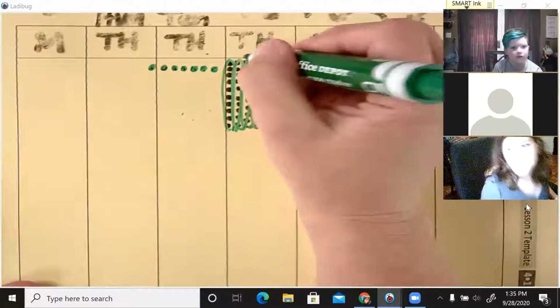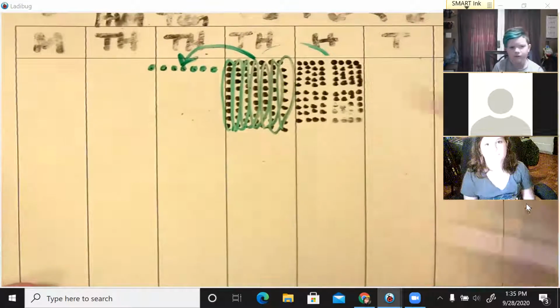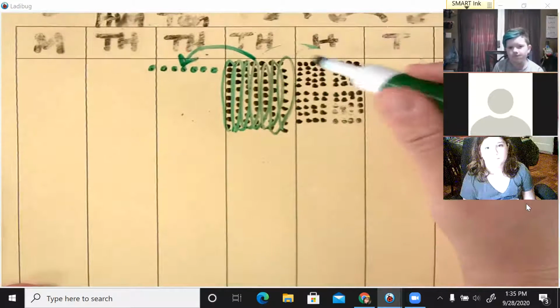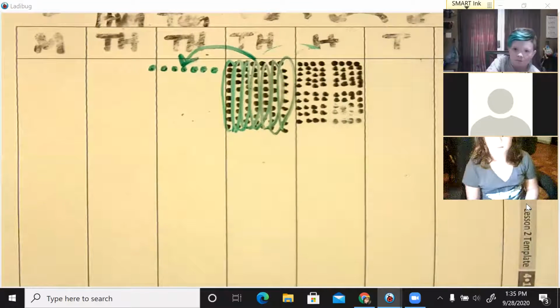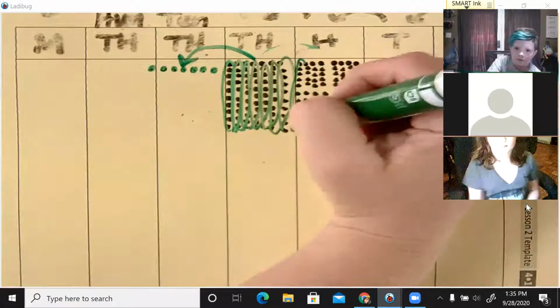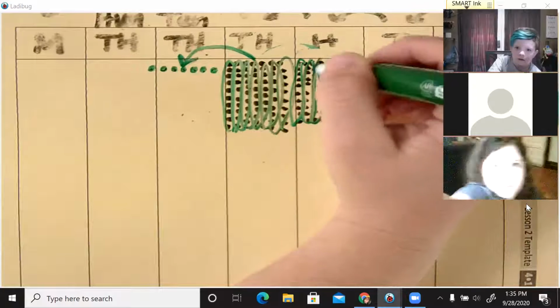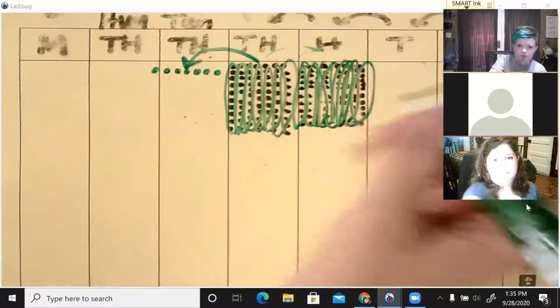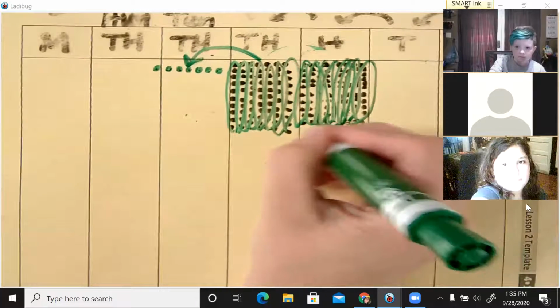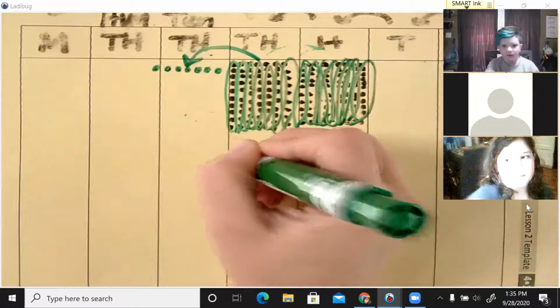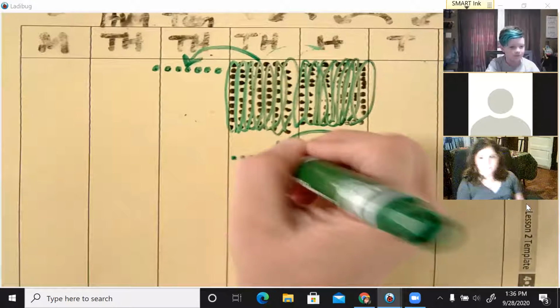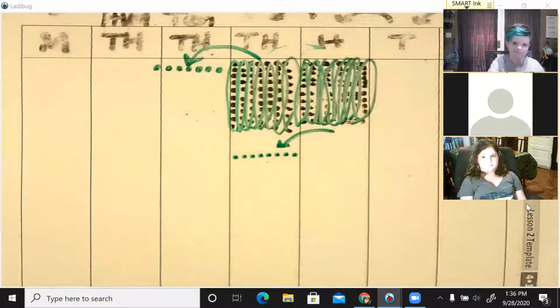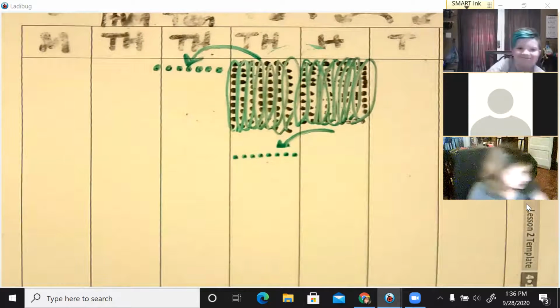So all of these have gone over here. Peyton, how many groups of 10 hundreds here? 8. That's going to give me how many thousands? 8,000. Yep.